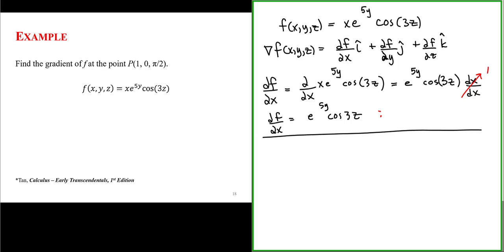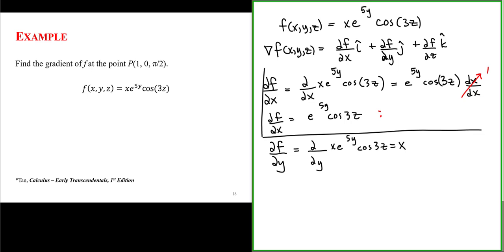Let's now find the y component of the gradient of f. In order to find the y component, we're going to need to evaluate the partial derivative of our function with respect to y. Since it's a partial derivative with respect to y, we're going to treat all other variables except for y as constants.